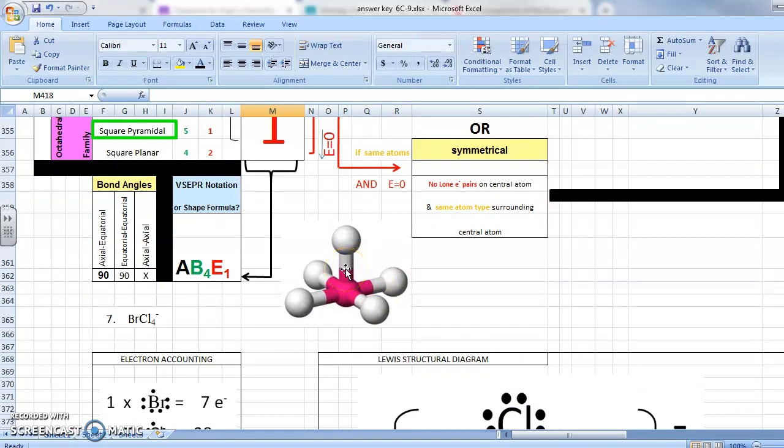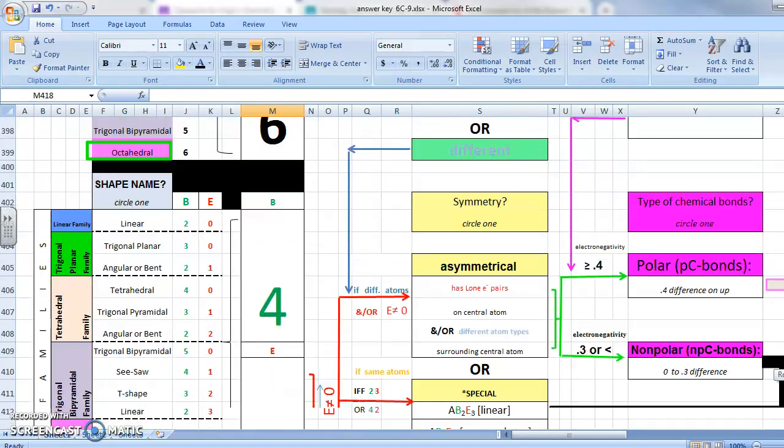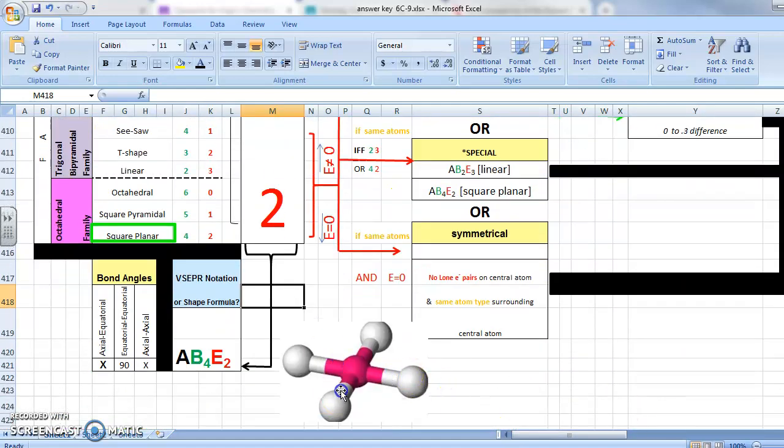Then going from the square pyramidal to the square planar, we lost this atom right here. And we're left with a lone pair of electrons, leaving us this shape right here. So we no longer have any atoms in the axial plane. So our axial to axial angle, there isn't one. Since there's no axial atoms, we don't have an axial to equatorial angle. We just have the equatorial angles of 90.